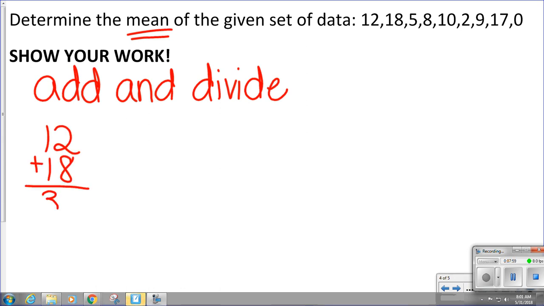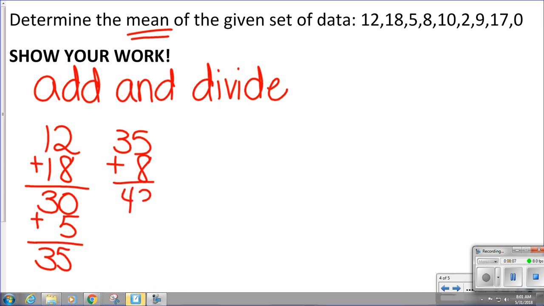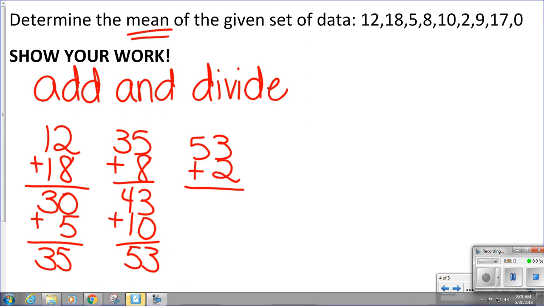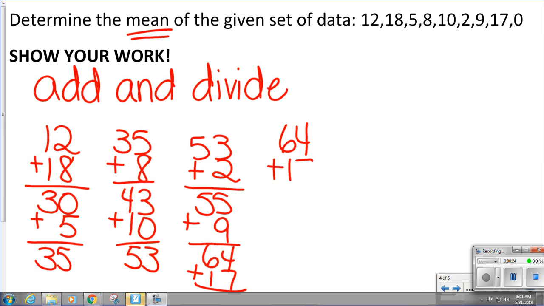12 plus 18 is 30. Plus 5 is 35. Plus 8 is 43. Plus 10 is 53. Plus 2 is 55. Plus 9, 64. Plus 17, I have to move that over here. 81 plus 0, 81.